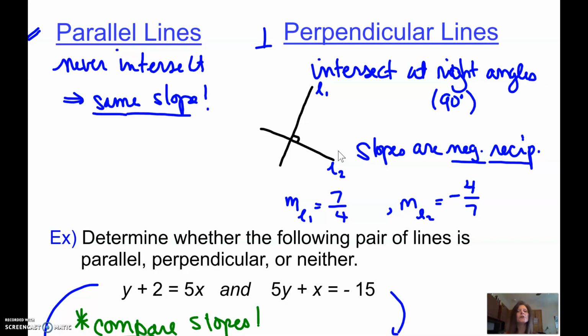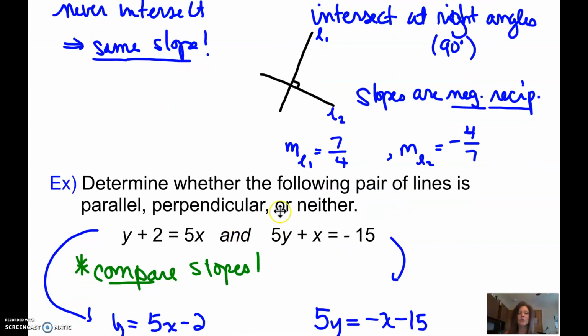That is, they are negative reciprocals. By negative reciprocal, we just really mean you flip it over and you change the sign. So if line 1 has slope 7/4, its perpendicular line, line 2, would flip that, make it 4/7, and make it negative, right? That's it. That's all there is to determining if something's perpendicular to another line.